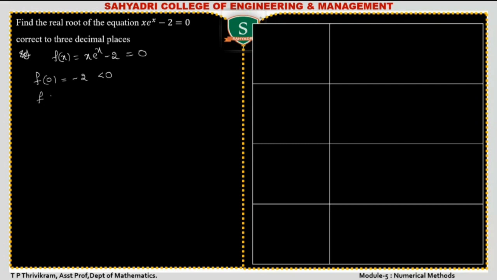Next, f of 1. How much? 1 into e power 1 minus 2. What will be e power 1? The e value is 2.718, minus 2.